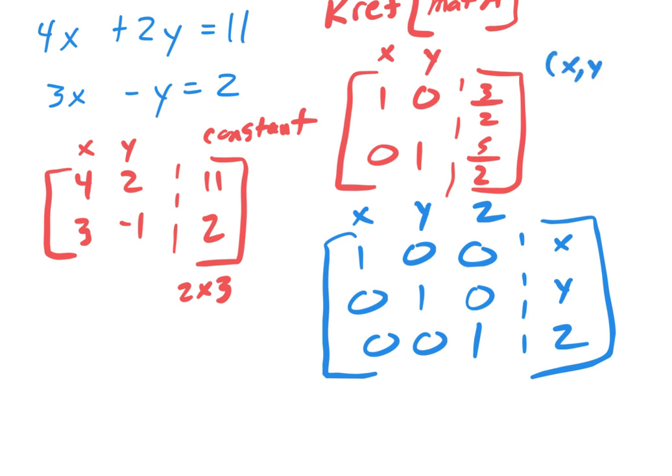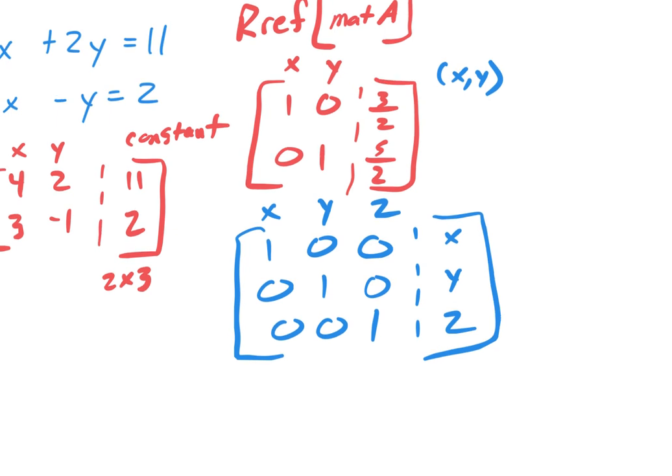Here, we would write our answer as an ordered pair, like we're used to. This is your X, this is your Y, so we would just write it as 3 halves, 5 halves. When we do an ordered triple, we always write it as X, Y, Z, just with a third number involved.